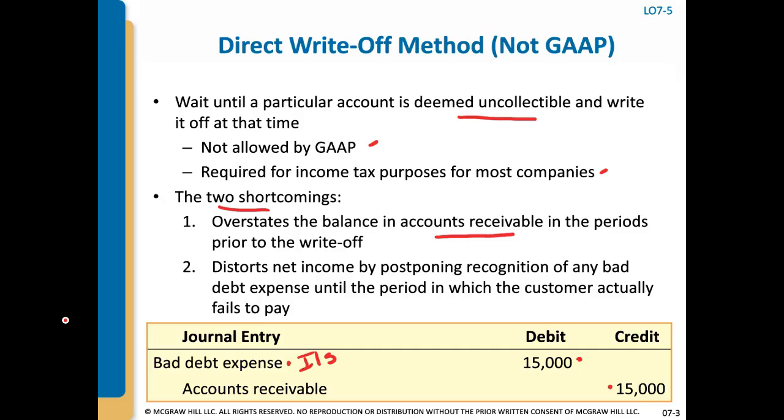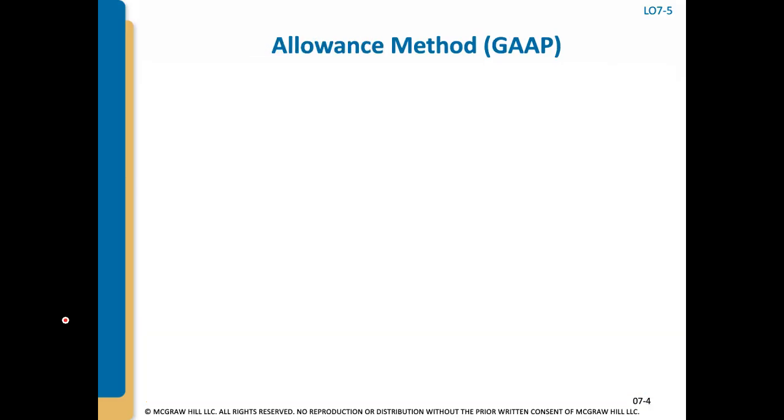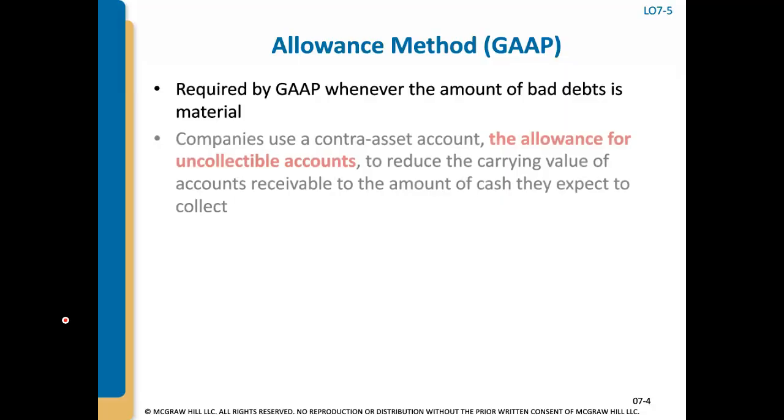And it over-reports our net income because we should really have an expense for those losses, and it actually postpones the recognition of that expense until the period where the customer actually fails to pay. And that's not right, because we know for a fact that we're going to have to book this bad debt expense at some point, and so we should be able to estimate that.